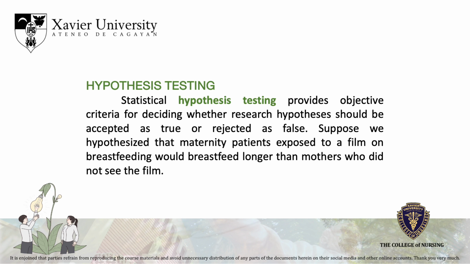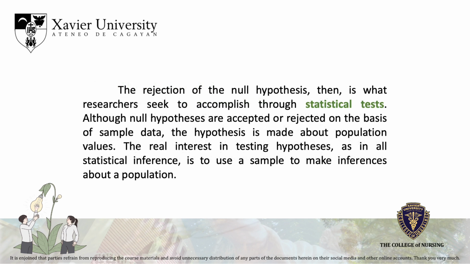It should be tested first. Therefore, the rejection of the null hypothesis is what researchers seek to accomplish through statistical tests. So, we need to use tools to really see if we should reject or accept the hypothesis.